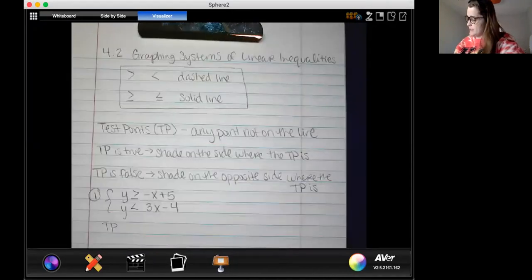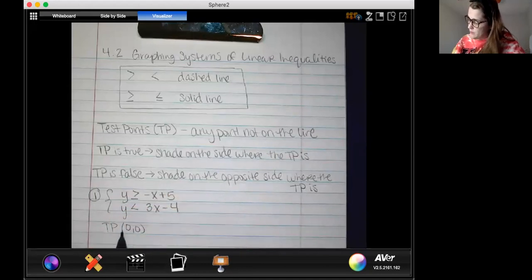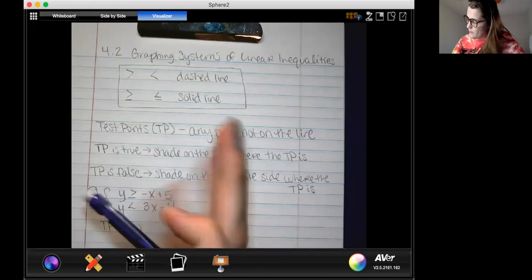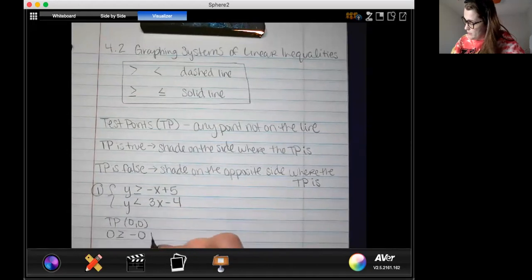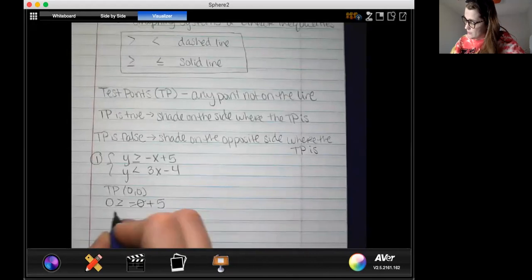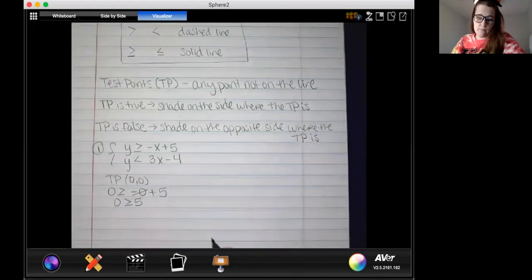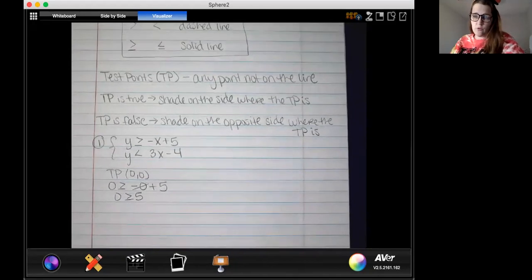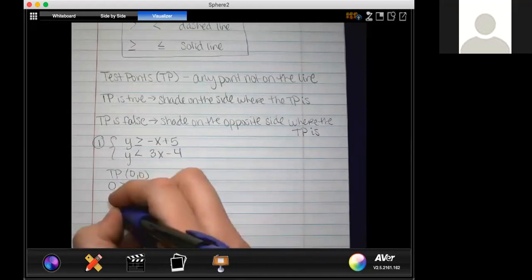Remember, we substitute 0 for x and y. So that would mean 0 is greater than negative 0 plus 5. Well, negative 0 is not really a thing. So is 0 greater than or equal to 5? True or false? False.